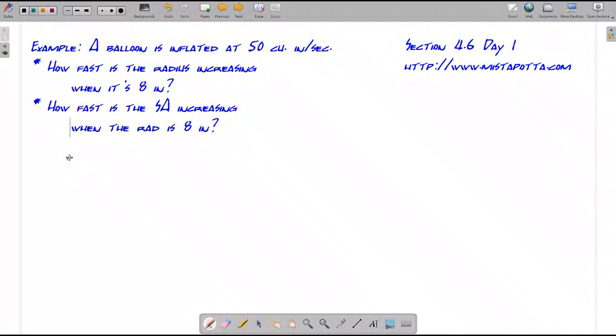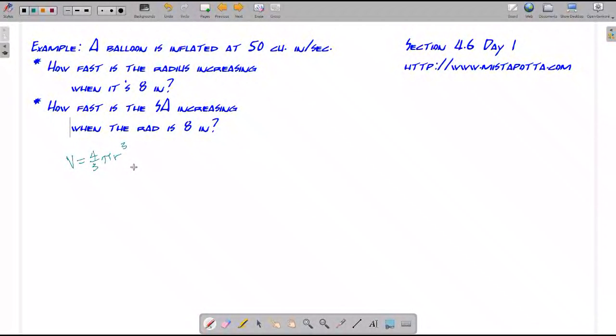And we talked about this: my volume equals 4/3 pi r cubed. That's my first step, coming up with some type of model, in this case a geometric model, that relates volume and radius.